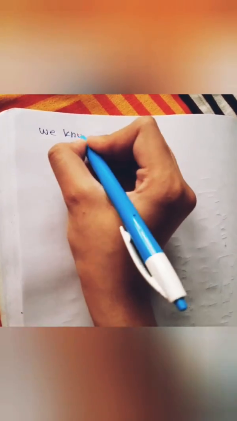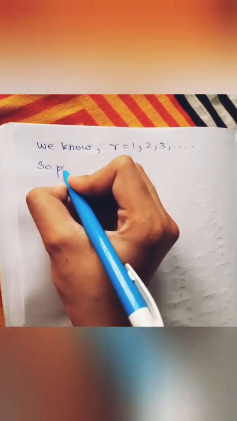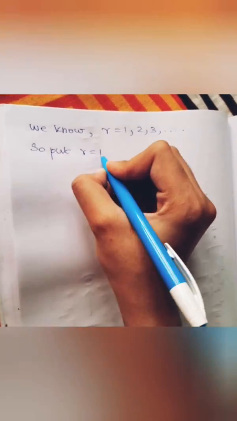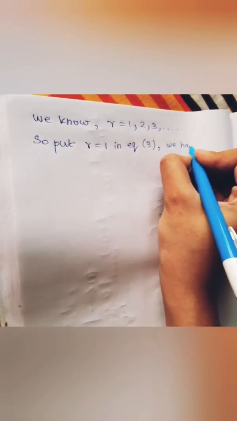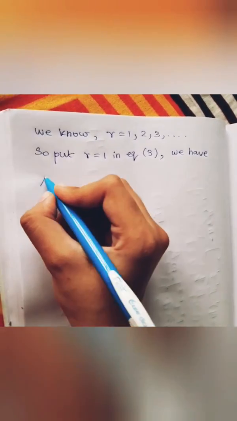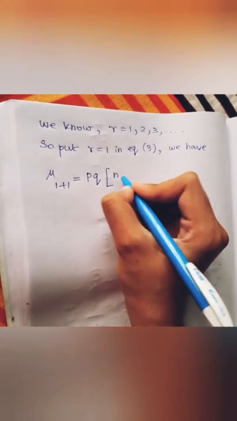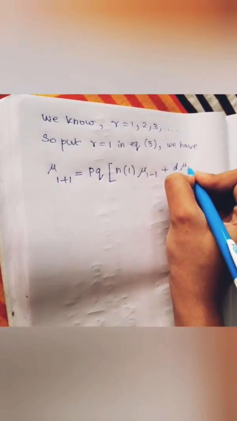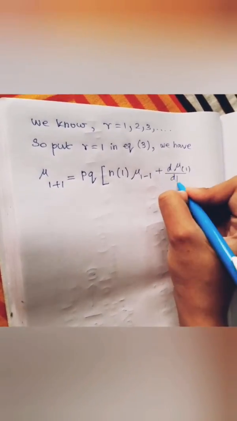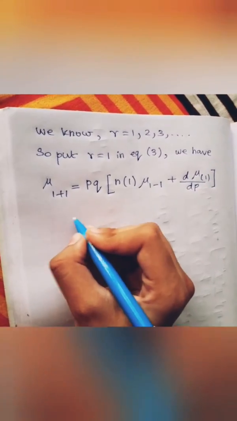Hence proved. Now we know that r is equal to 1, 2, 3, etc. So we put r is equal to 1 in the above equation, equation number 3. We get mu 1 plus 1 is equal to pq n into 1 mu 1 minus 1 plus d mu 1 divided by dp. Here mu naught is equal to 1 and mu 1 is equal to 0.